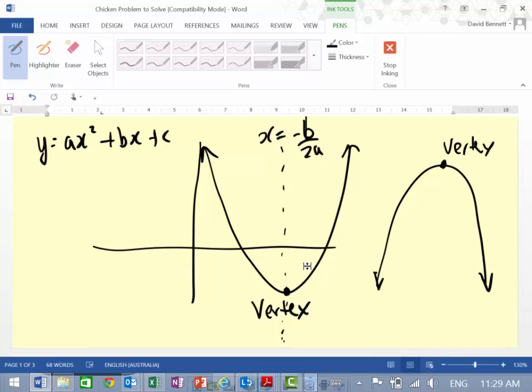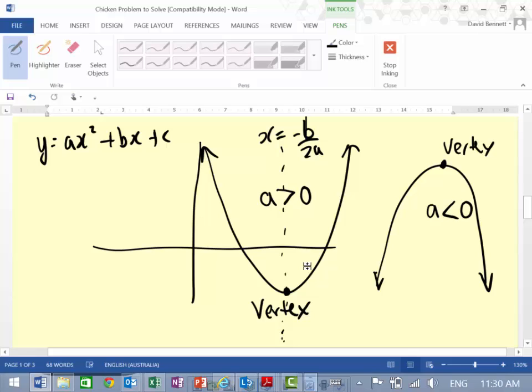No? The first time. Okay, well, our b value is what that value is, and our a value is that value there. And that tells us what the x coordinate for our vertex is. When you put that into the equation over here, you work out what your y coordinate is. Generally, we'll get these types of curves when a is greater than 0. We get these types of curves when a is less than 0, getting a negative value.